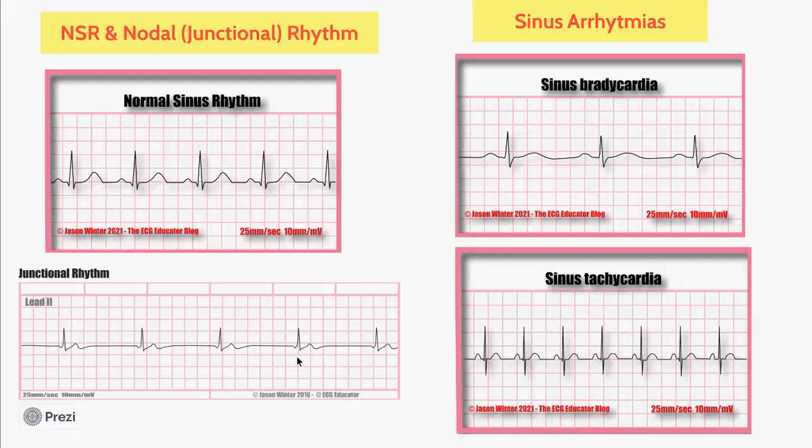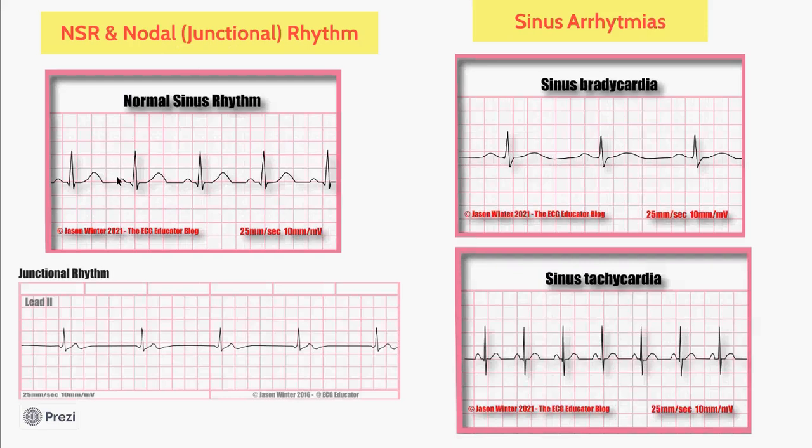So when you have an ECG with a regular rate and QRS and T waves but no P waves, this is called nodal or junctional rhythm, and by nodal we mean AV node.